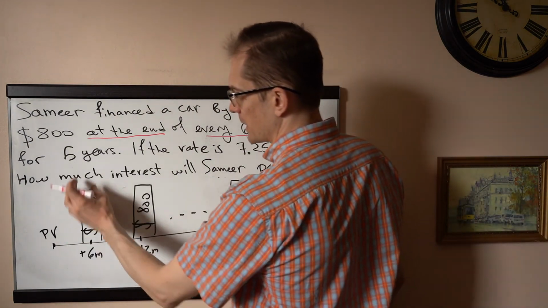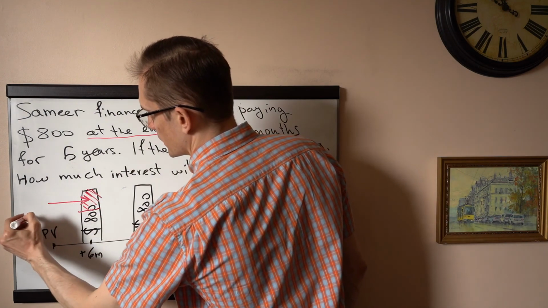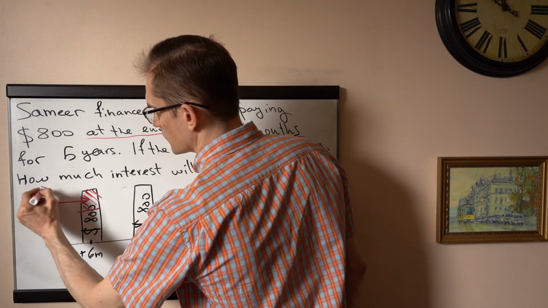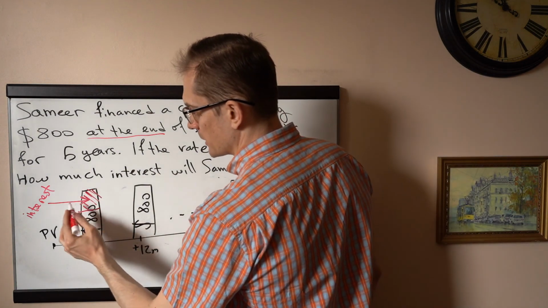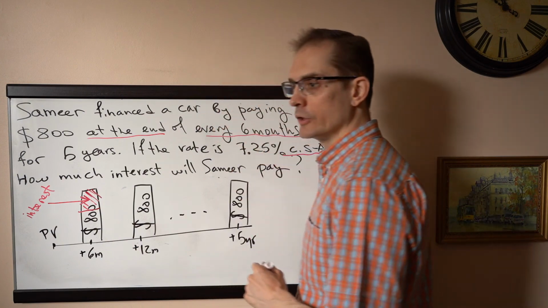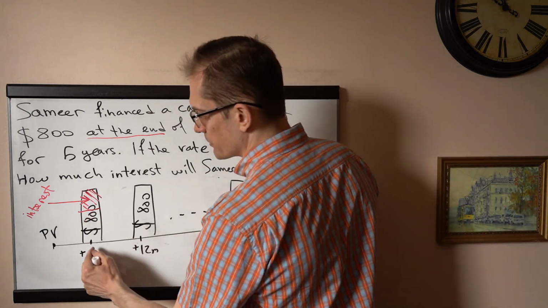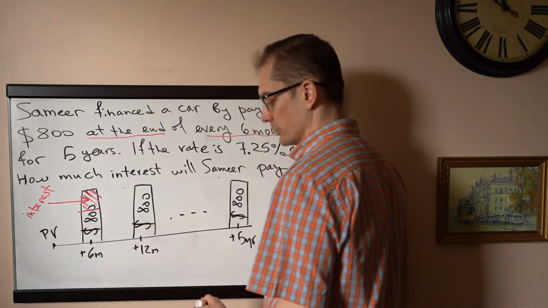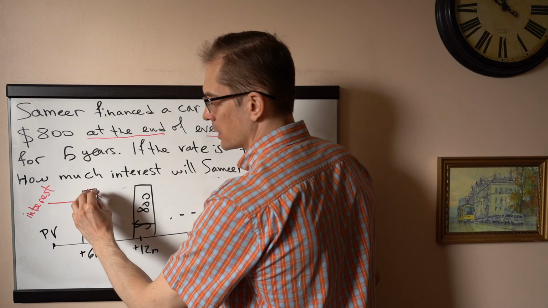Okay, so your first payment will pay, so this red will be your interest for the loan, right? So this red part will be some interest that you pay for the loan, and the remainder will be going towards that loan actually, right? So now after that first payment, what happens with that loan? Well, interest is just what you paid for.